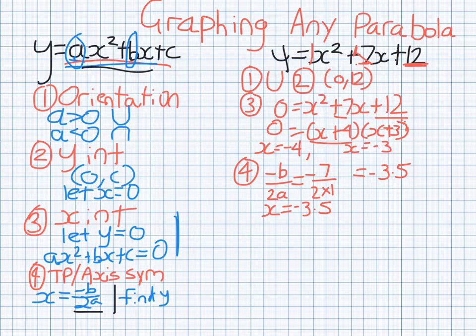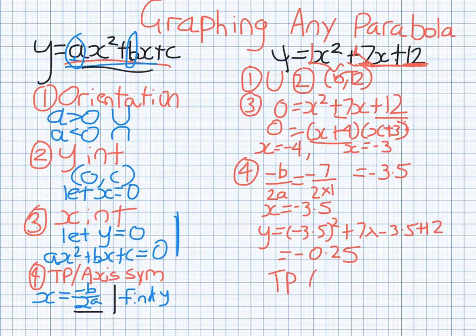So let's find the y-coordinate. If x is minus 3.5 and we put it into this equation here, the y-coordinate is just minus 3.5 squared, so x squared, we need the brackets there, plus 7 times x plus 12, which is minus 0.25. So therefore, the turning point is at (minus 3.5, minus 0.25).